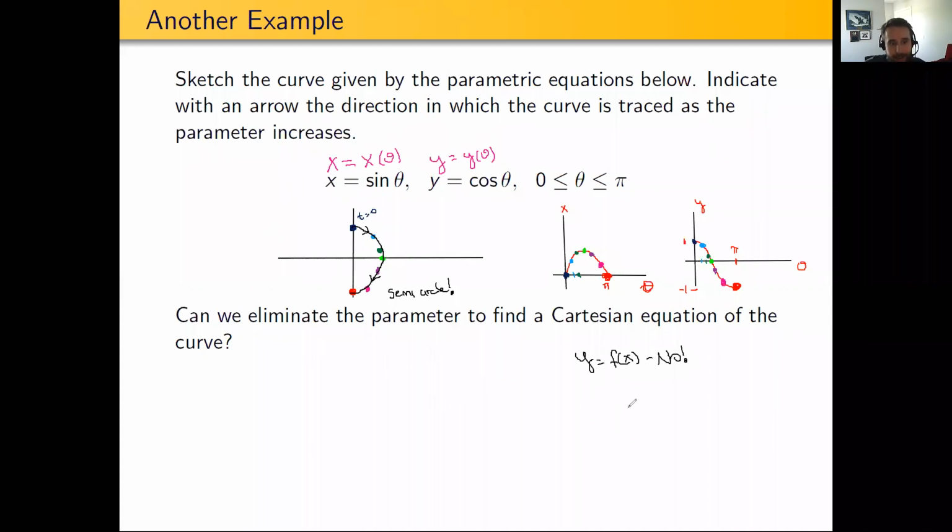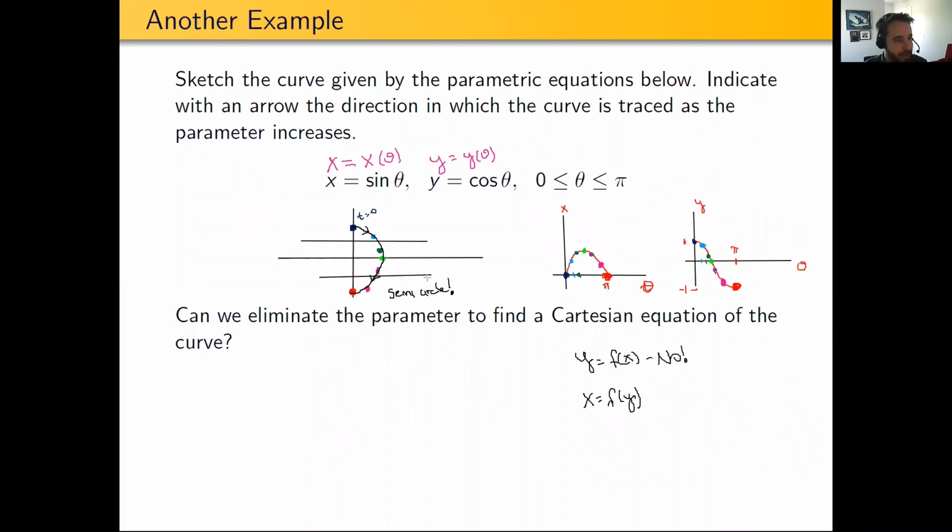But if I want to think of x as a function of y, so if I want to think of my x value as being described as a function of my y values, then yes, I absolutely can write x as a function of y. The quote unquote vertical line test in that case would correspond to a line in the horizontal direction.